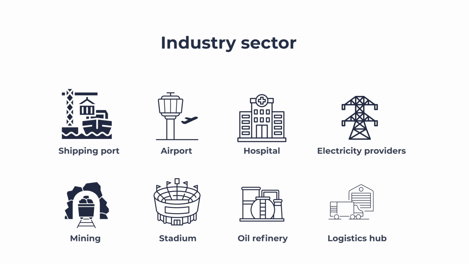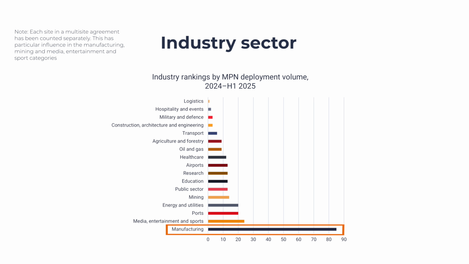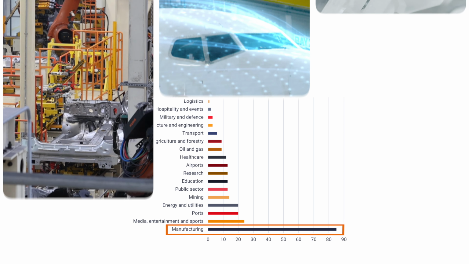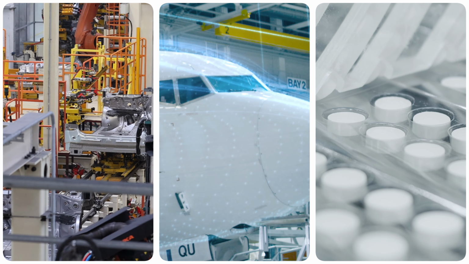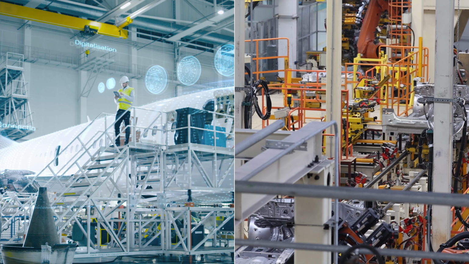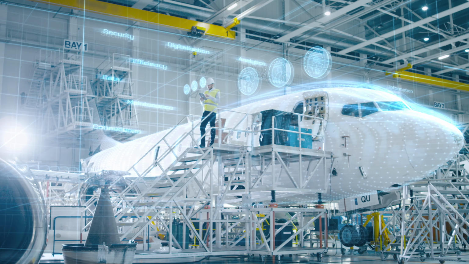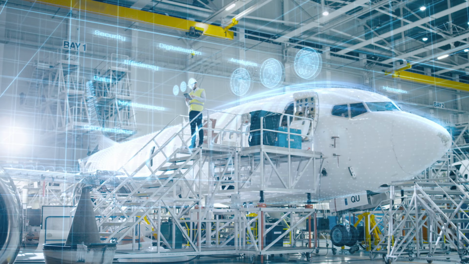But by far the most significant vertical within this group of existing private network customers are manufacturers. But then, even within that dominant vertical, there's a lot of variety. We could, of course, be talking about automotive manufacturing, like the Jaguar Land Rover private network deployment in the UK, or we could be talking about aircraft manufacturing, such as we've seen private networks deployed for Lufthansa in Germany.